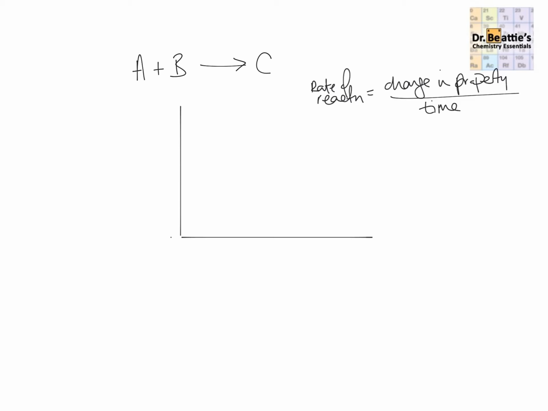So we can plot how the concentration of, for example, A decreases over time, and this is called a concentration time graph. If we're tracking a reactant, at the very beginning of the reaction, the concentration will be its highest, and then over time, it will decrease as it gets used up.